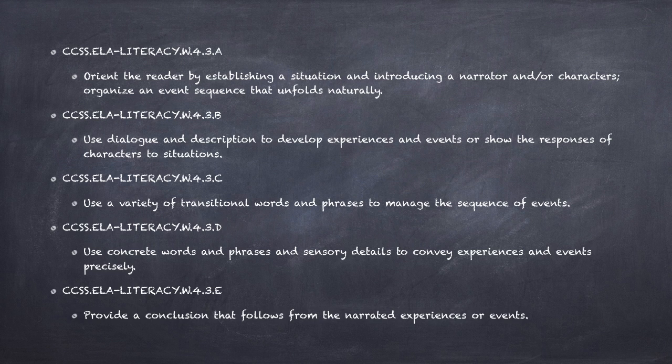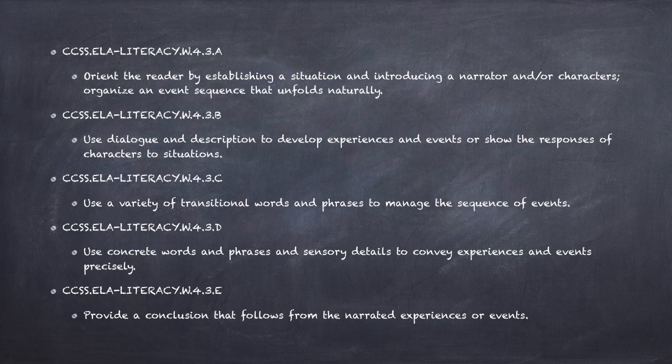Under this standard, there are some substandards. W4.3a is to orient the reader by establishing a situation and introducing a narrator and or characters, organize an event sequence that unfolds naturally. 4.3.b is use dialogue and description to develop experiences and events or show the responses of characters to situations.